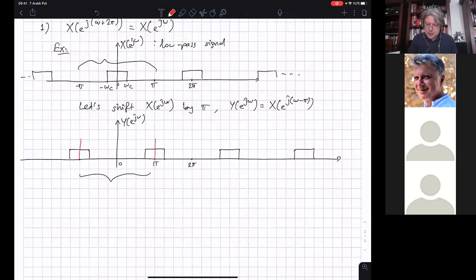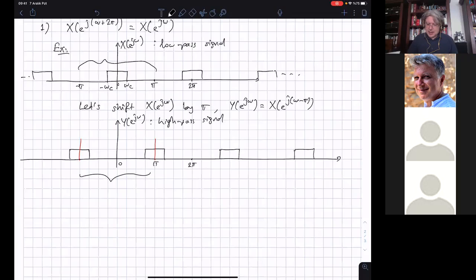And pi and minus pi are, as we all know, the highest frequencies that we have. So this is a high pass signal. By shifting in the frequency domain, I obtained a high pass signal.